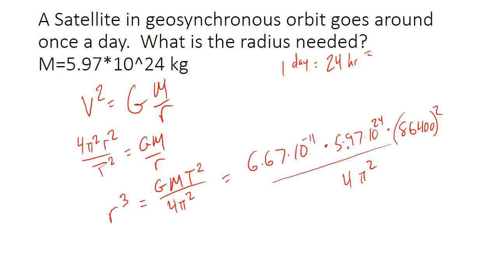So your radius, r, is going to equal 4.22 whatever times 10 to the 7 meters. Ta-da!